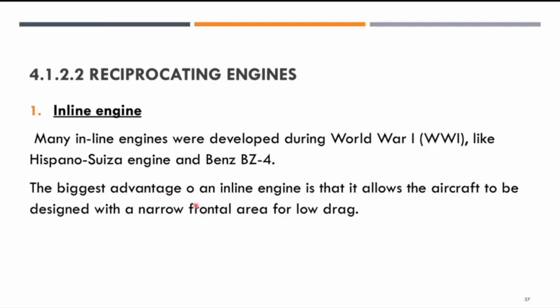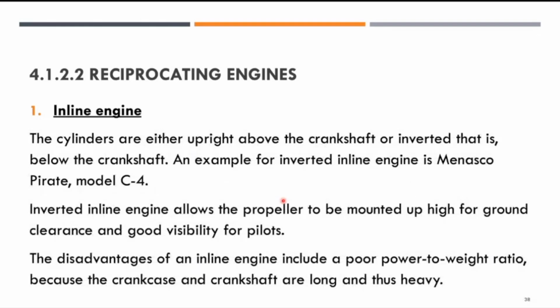The biggest advantage of an inline engine is that it allows the aircraft to be designed with a narrow frontal area for low drag. And the cylinders are either upright, above the crankshaft, or inverted, that is below the crankshaft. An example of an inverted inline engine is the Menasco Pirate Model C4.